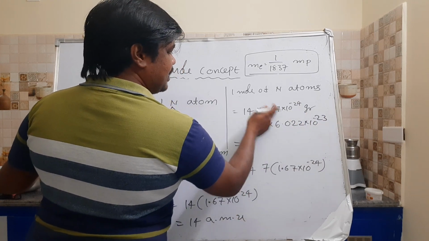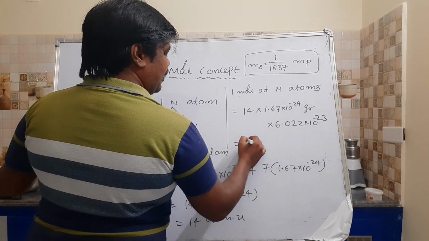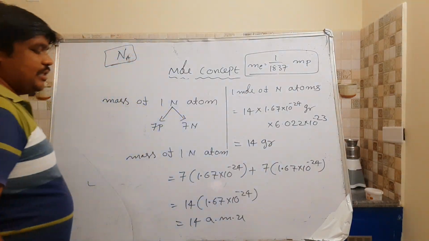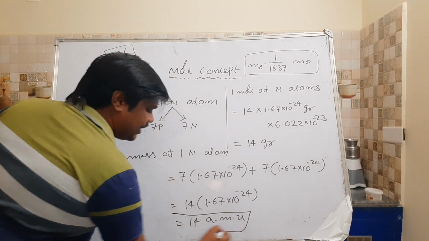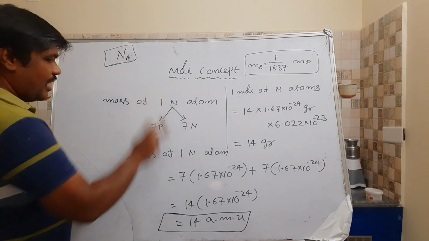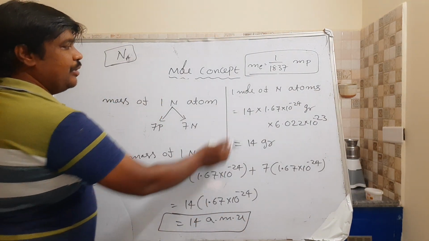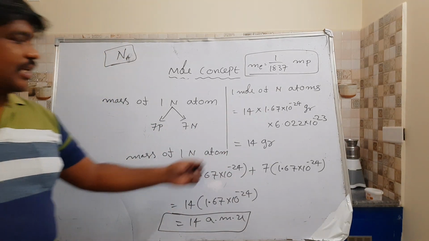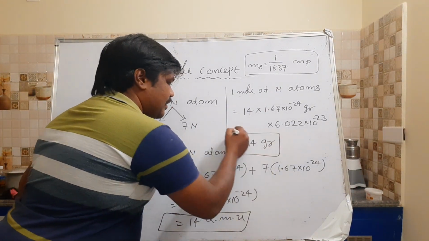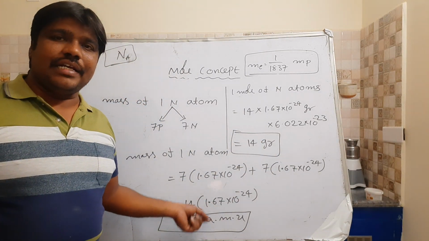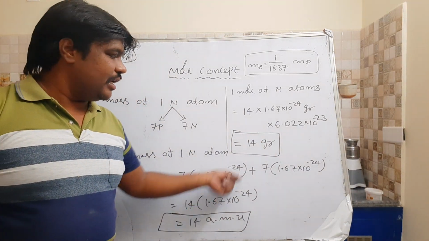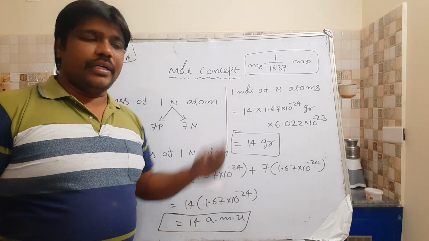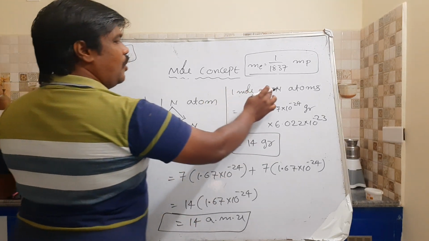Now, this calculation is nothing but 1 and you are going to get 14 grams. 14 grams, students. It is very interesting. Mass of one nitrogen atom is 14 AMU. Mass of 1 mole of nitrogen atoms is 14 grams. 1 AMU is a minute and negligible quantity, but this is somewhat huge quantity. This is 1 mole of nitrogen.